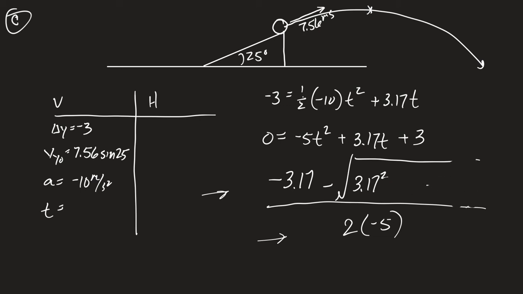What is 3.17 squared? 10.05. Add together 60 plus 10.05. Find the square root of 70.05. It's got to be 8 point something.